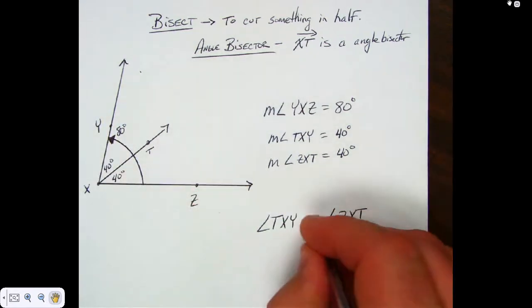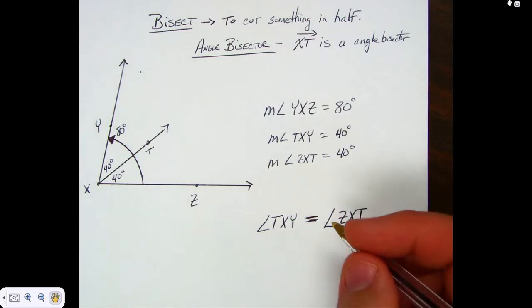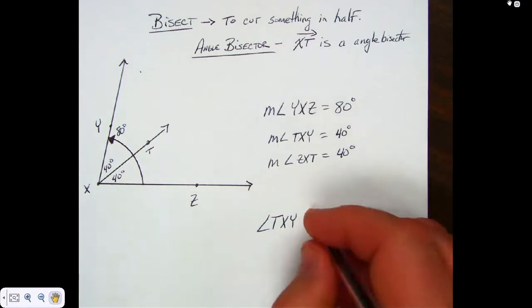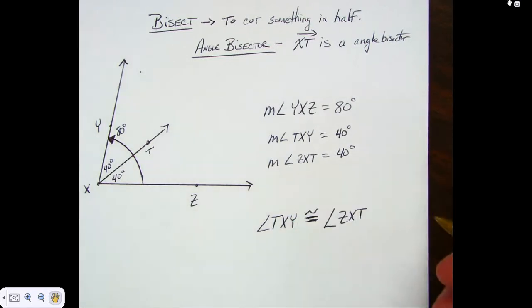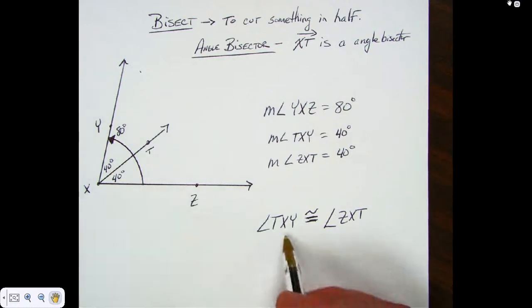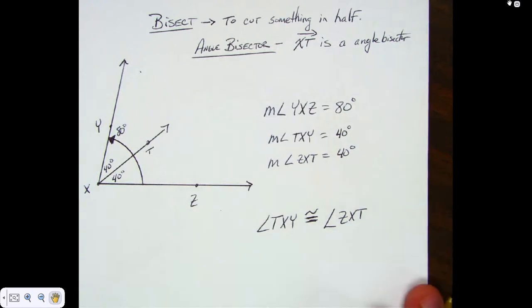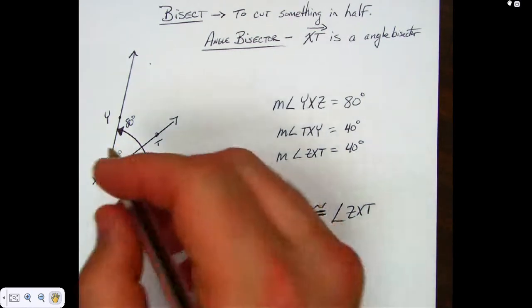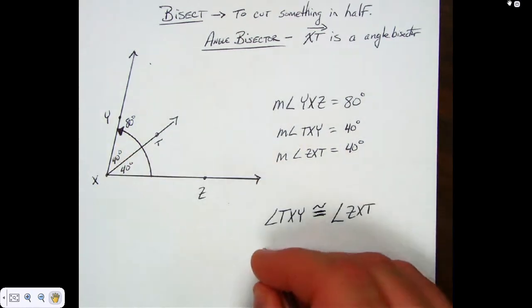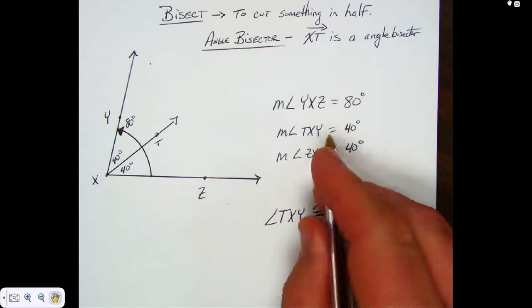So what have we learned is the correct word? Equal is not the thing to say, but congruent. What we should say is that angle TXY is congruent to angle what? ZXT. And if you want to say equal, you say, what do you think?